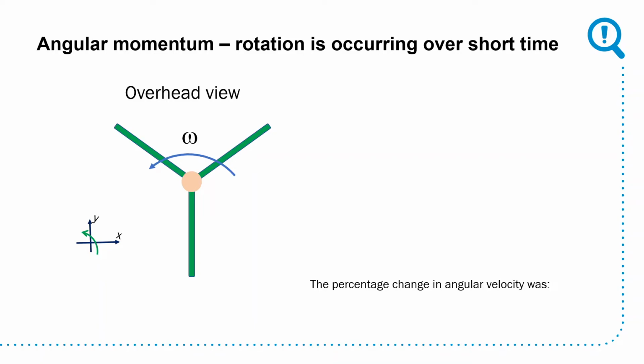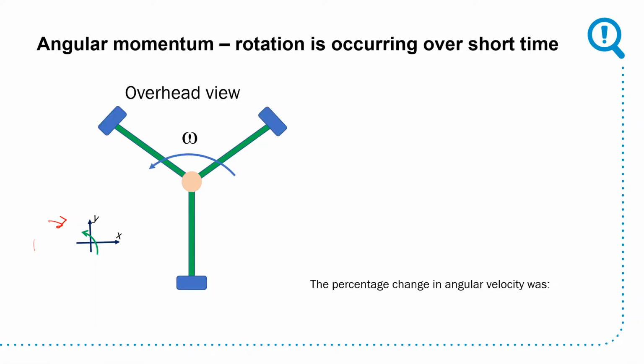So if I take that same problem and I rotate it and look down on it, I have the center axes and I have the 3 legs. And again, I've made sure to define my positive direction right here with x, y, and the rotation.